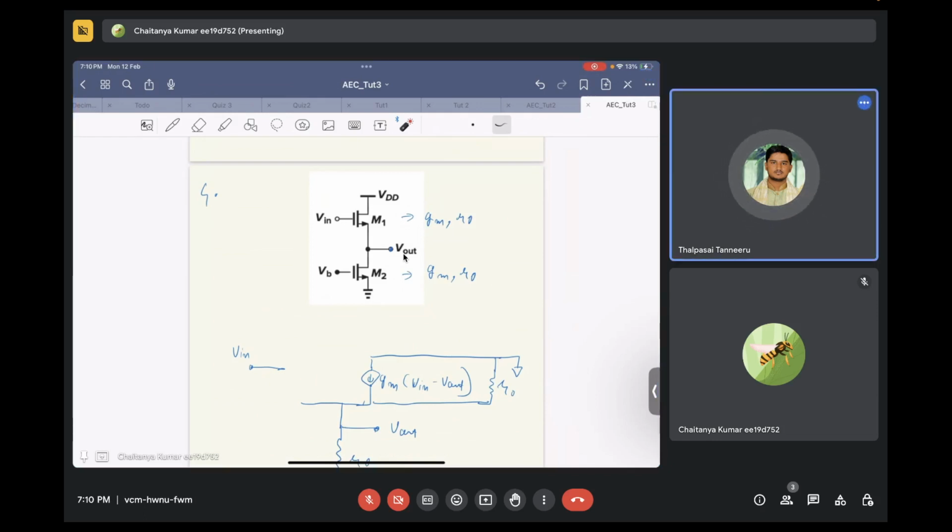We are seeing small signal only, so M2 doesn't come into the picture now.